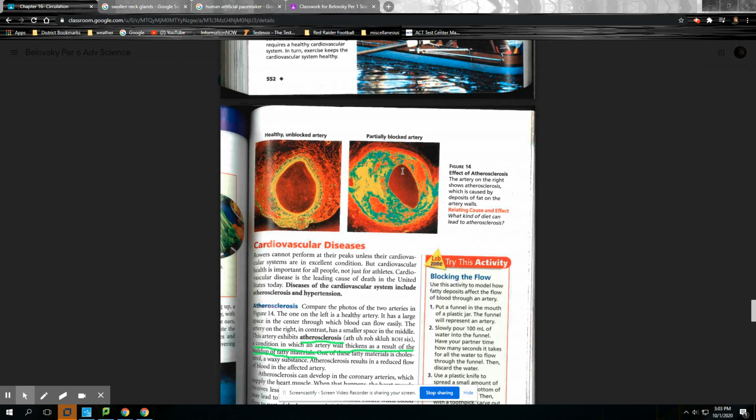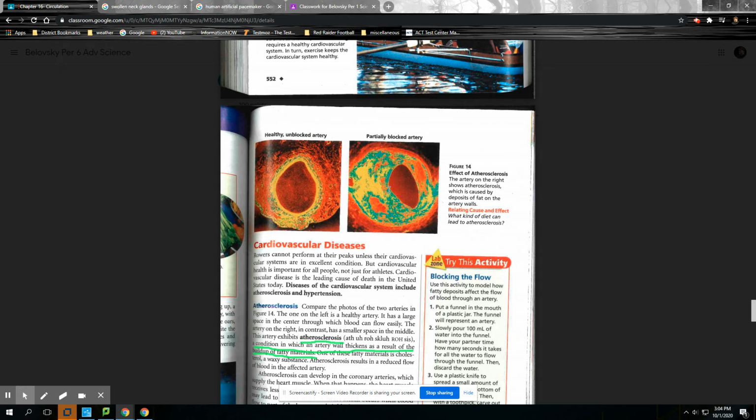That gunk that you see there is too much bacon, too much sausage, too many hamburgers, pizzas, too much ice cream, and that fat builds up in your arteries, and that's what this is. This is animal fat right here that's building up in your arteries, and it causes a condition called atherosclerosis.